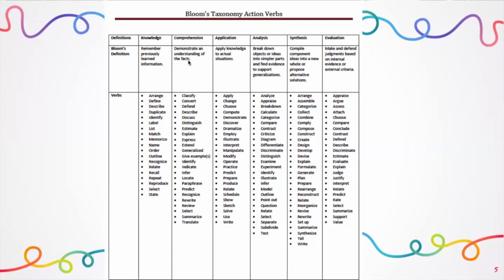For the second level, understanding level, you could use classify, convert, defend, describe, discuss, and so on. And this goes on. So these are the suggested verbs that you could use, which make the lesson objectives measurable. So let's see how the objectives change after I applied this table.